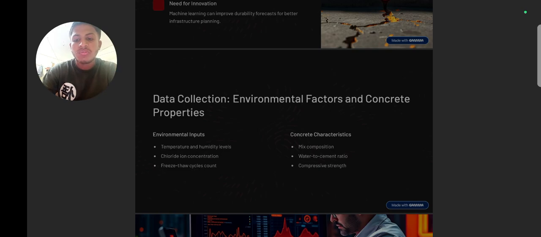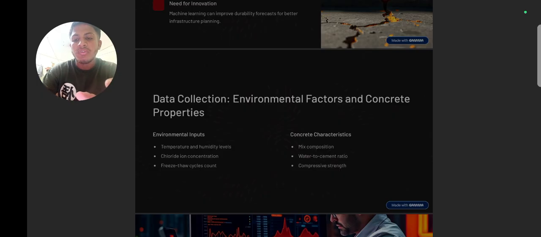The environmental factors and concrete properties are deeply interconnected when it comes to the durability of concrete. We can think of concrete like a sponge. It's porous, so it interacts with its surroundings. The environmental factors act like the elements of weather, and the concrete properties determine how it handles those elements.